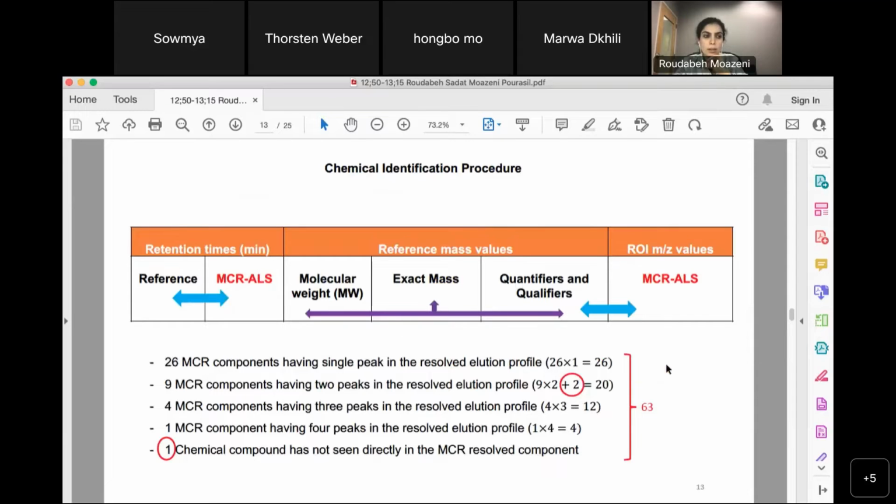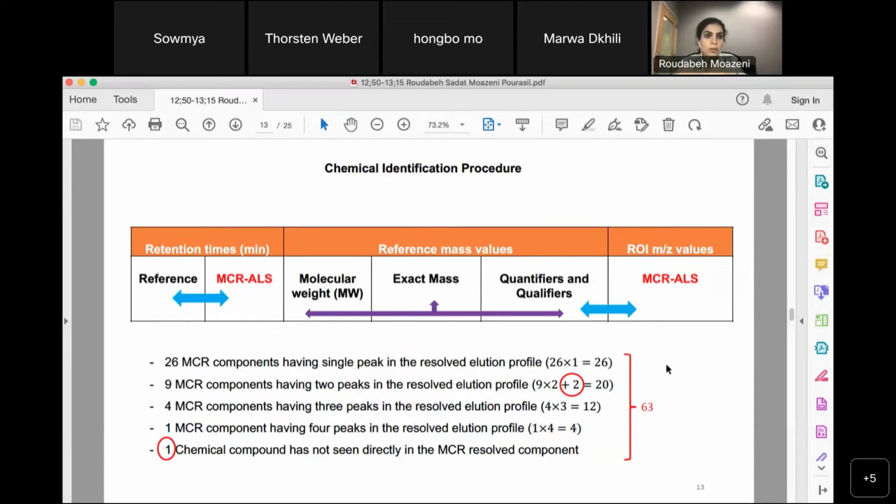Then we compared the results of multivariate curve resolution with the reference information, because the dust 0 sample includes all known chemicals, so we know the retention time and mass value for each compound.